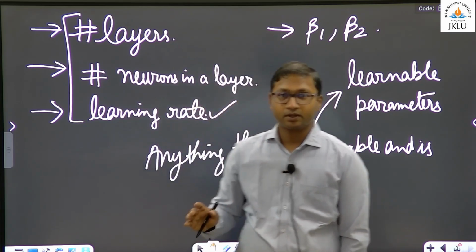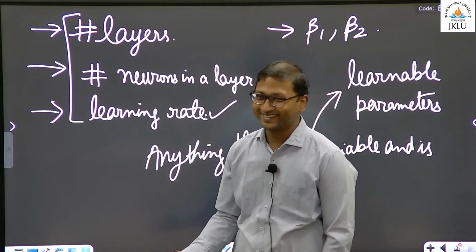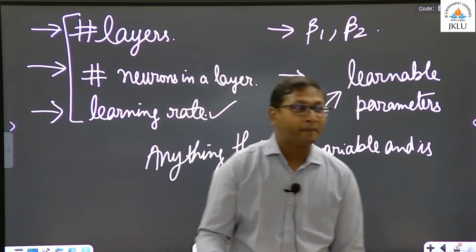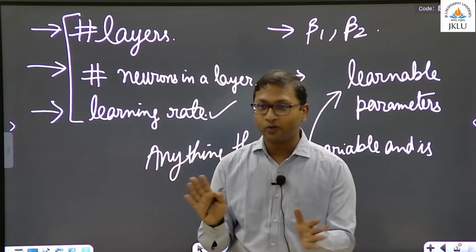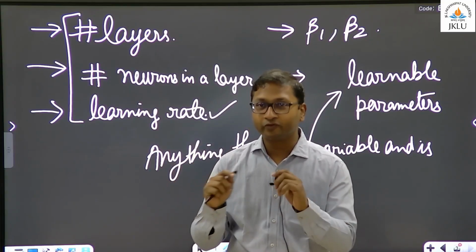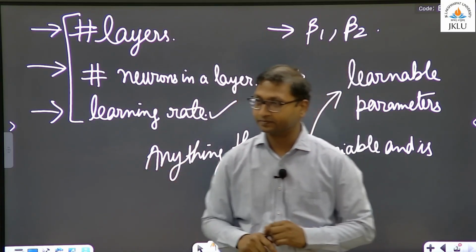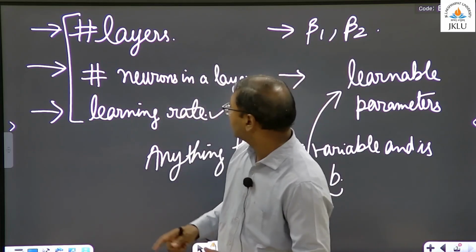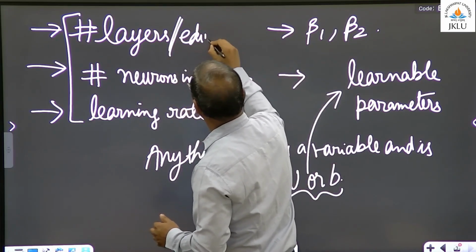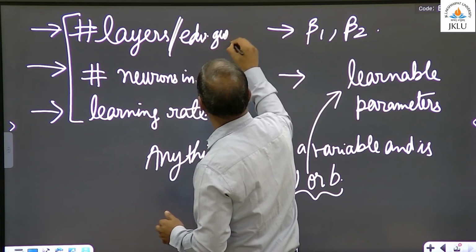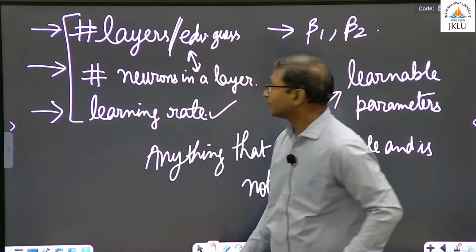So, to begin with, it is arbitrary. But as you write more and more such models, you will know, so it won't be arbitrary anymore. You will always take an educated guess. So for the number of layers, it has to be an educated guess. Similarly for the number of neurons in a layer.